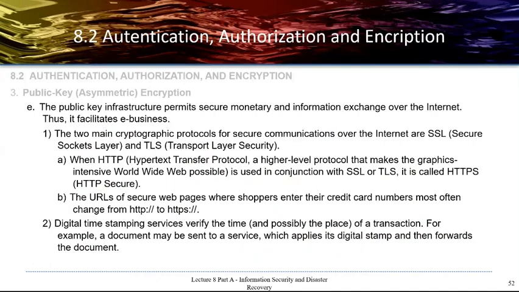The public key infrastructure permits secure monitoring and information exchange over the internet. So this will facilitate e-business. The two main cryptographic protocols for secure communication over the internet are SSL, Secure Socket Layer, and TLS, Transport Layer Security.